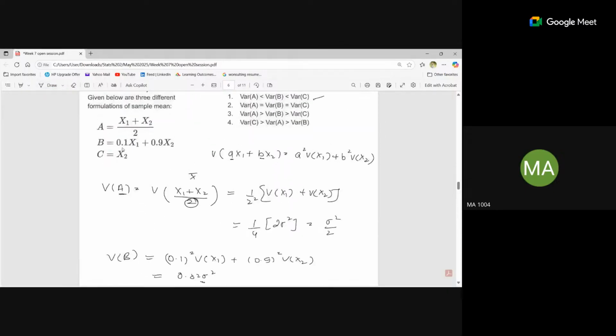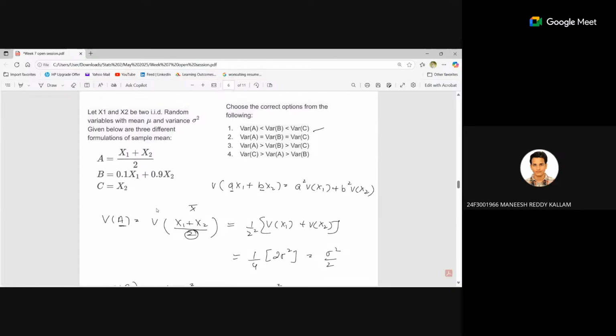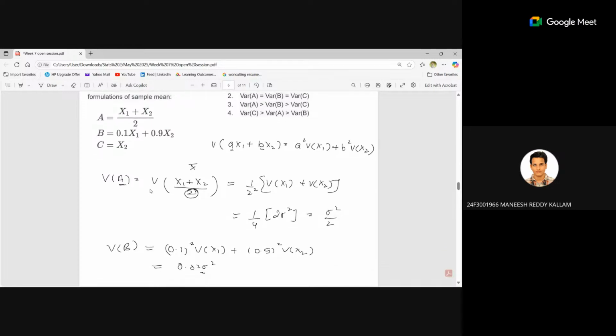Is this question clear? Ma'am, over here, a small doubt in variance of A. Since small a is equal to 1 by 2 for all of them, it will become the sample mean, right?